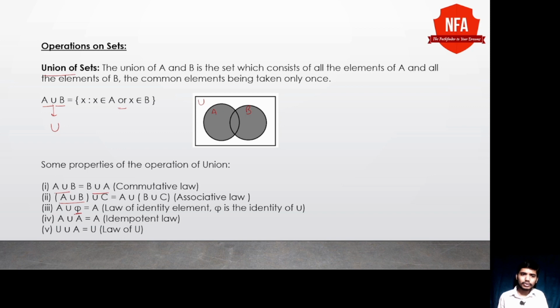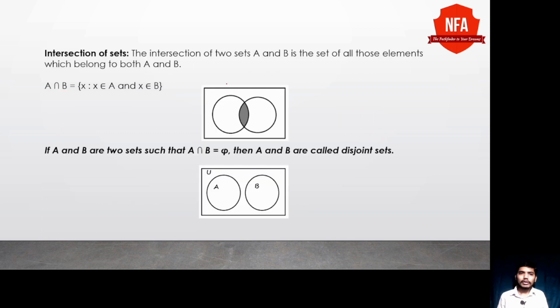If A is union with phi, we get only A, and if A is union with A, we get only A, and if A is union with U, the universal set, we get U. Because let's say we have the universal set and A as this, then A union U will be the whole region.